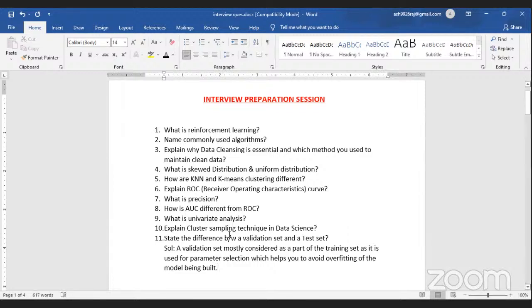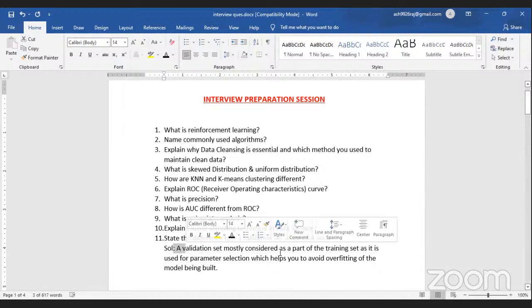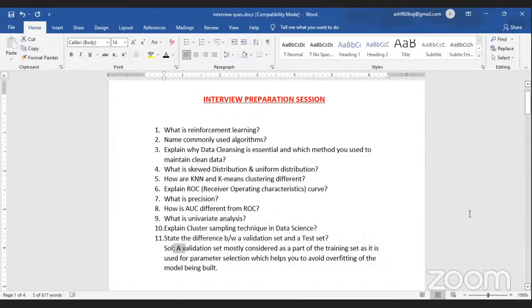So the difference between a validation set and a test set: first, the answer for the validation set. A validation set is mostly considered as a part of the training set as it is used for parameter selection, which helps you to avoid overfitting of the model being built.